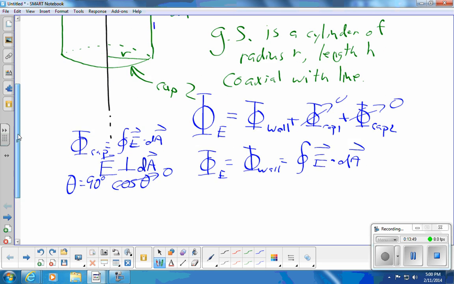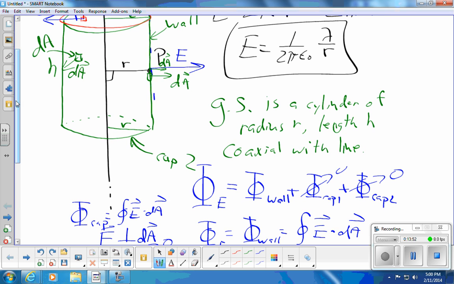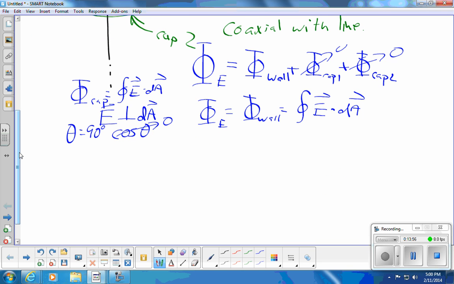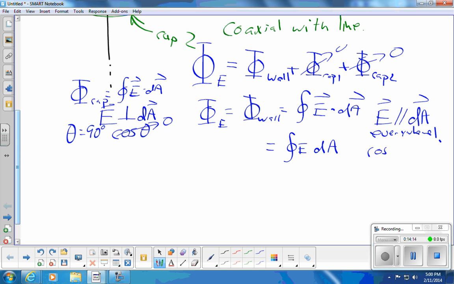If we go back to the diagram, E is everywhere parallel to dA on the wall. And so that allows us to get rid of the dot product. So this is now the integral of E dA, since cosine of 0 degrees is 1.